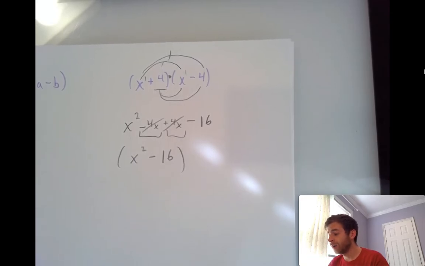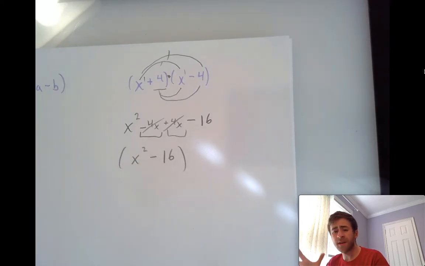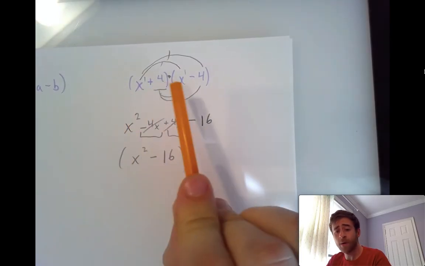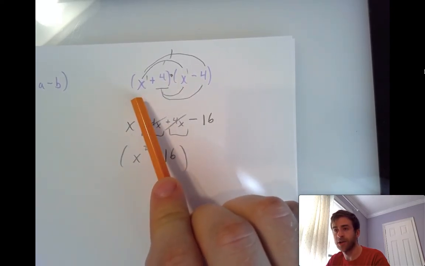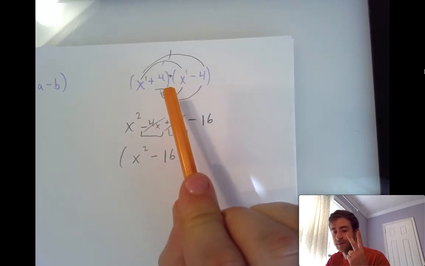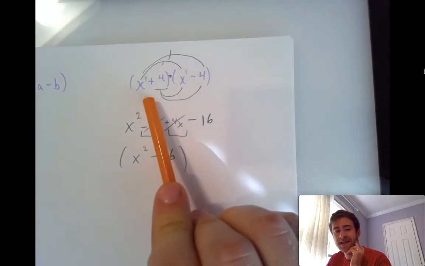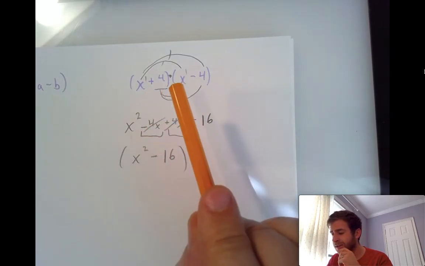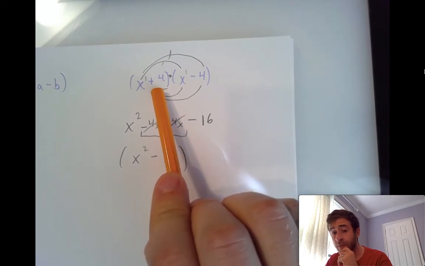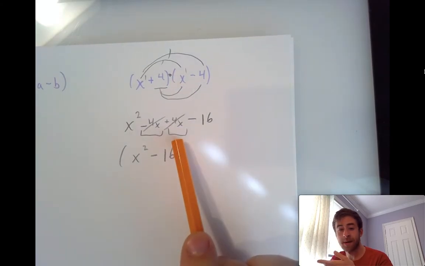Now, we're going to look at this a little bit closer in a moment, but one thing that I want you to notice is if I have no coefficient, or even the same coefficient, in front of my first term in each binomial, and if I have the last number in each of them the same number but opposite signs, what's always going to happen is, because this positive 4 is going to multiply times this positive x, I'm going to get a positive 4x.